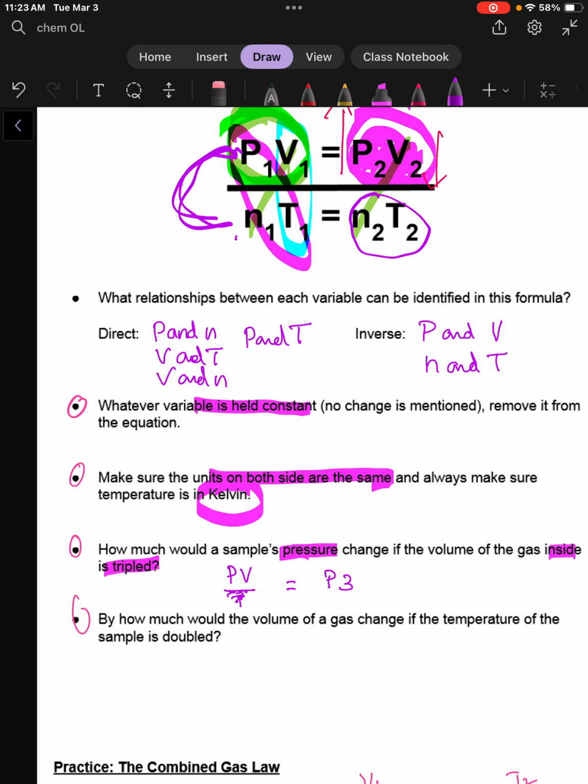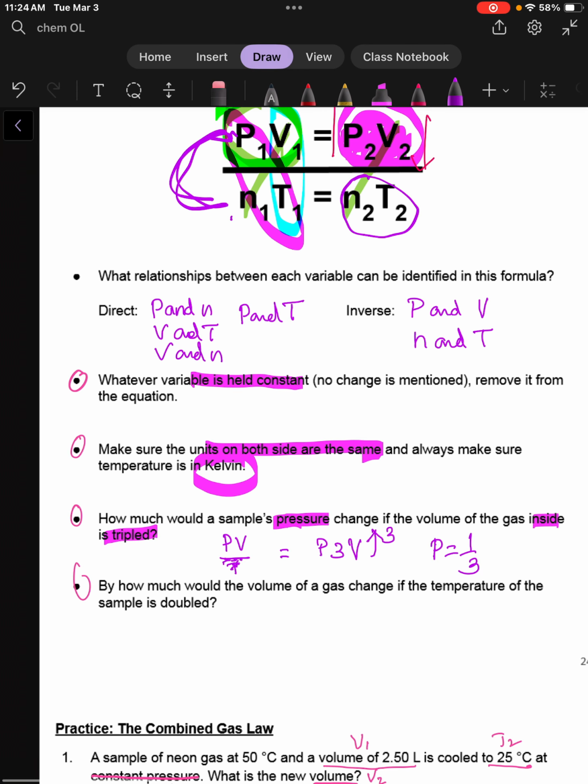Volume is tripled, means it becomes 3V, right? So what will happen to the value of pressure? We know that it must be a constant. So if volume is increased 3 times, then pressure will become 1/3.